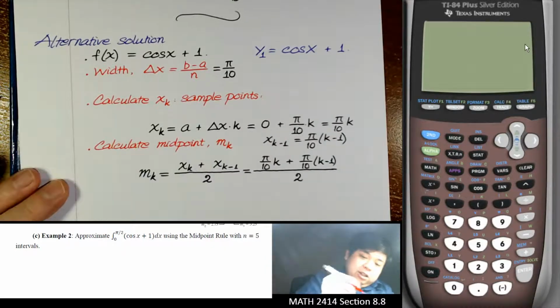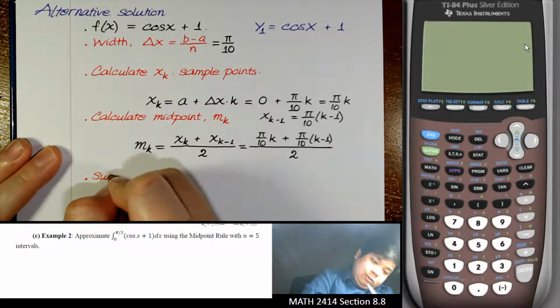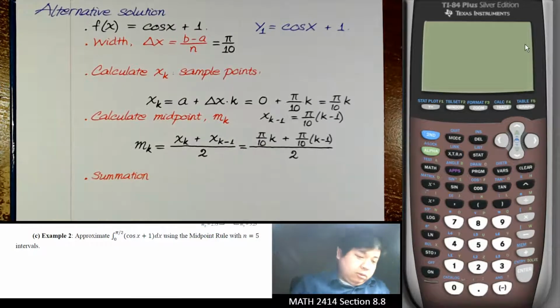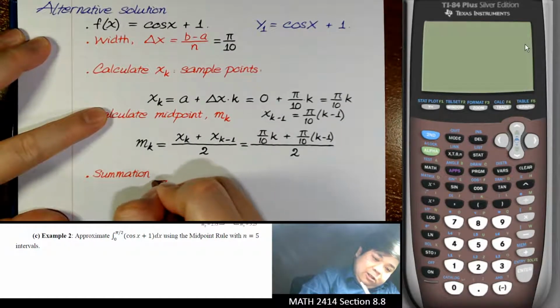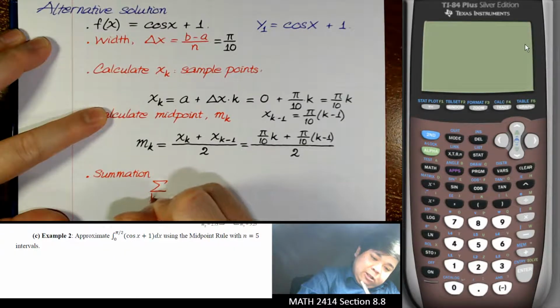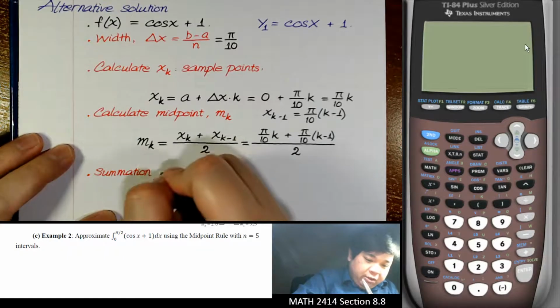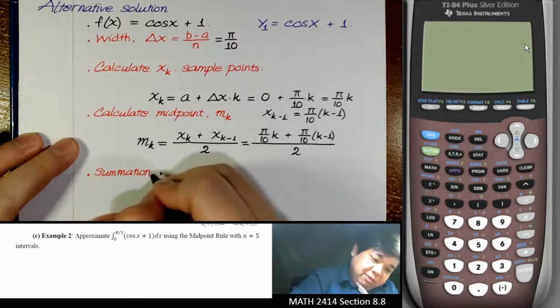And finally, the summation. K equal from 1 to 5. Oh, to n, sorry.